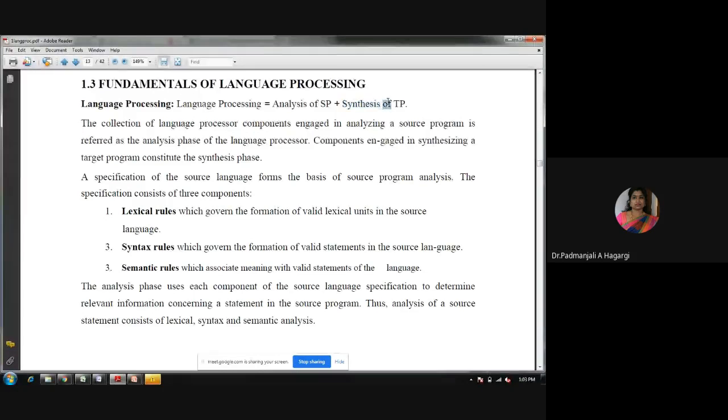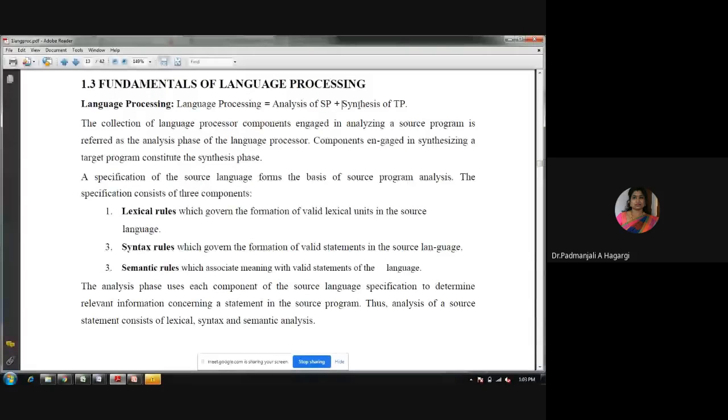As I told you, computer language is 0 and 1. Those 0 and 1 are generated by the assemblers. In a computer or in any machine, assemblers are there to convert the high level language to machine language.